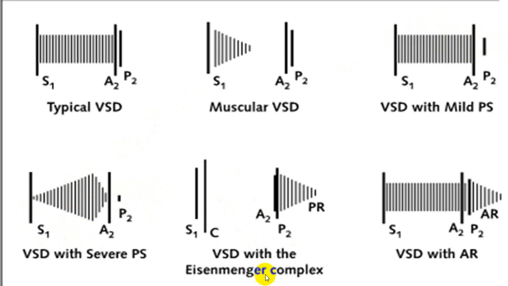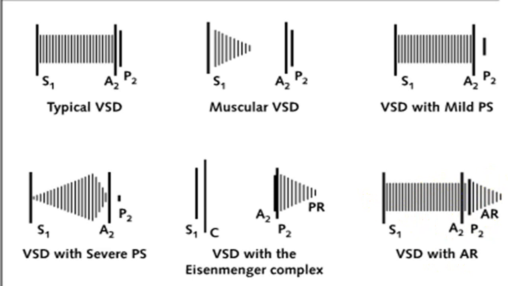While in VSD with Eisenmenger, now the shunt has stopped. Because the shunt has stopped, there will be increased blood flow across the pulmonary valve, producing an early diastolic murmur because of PR, pulmonary regurgitation. And whenever there is VSD with AR, you will have an early diastolic murmur at the aortic valve.